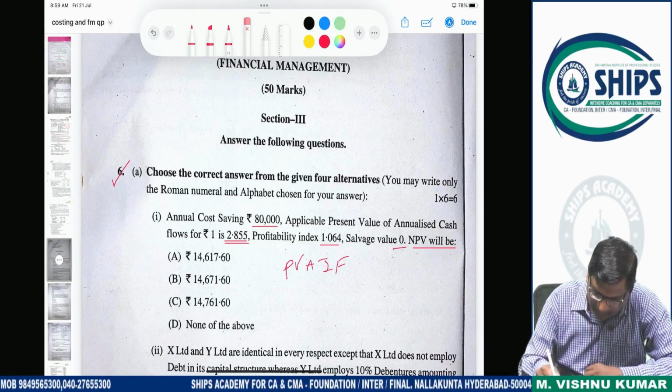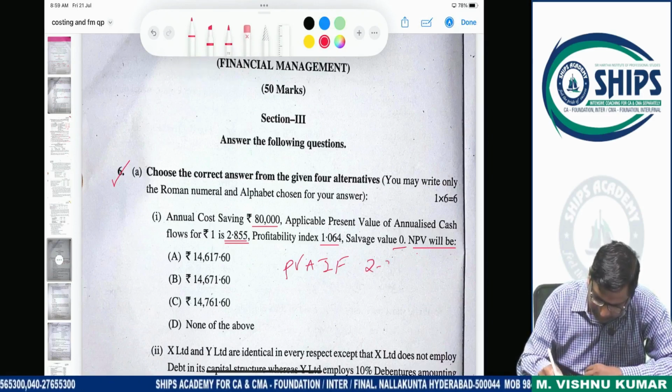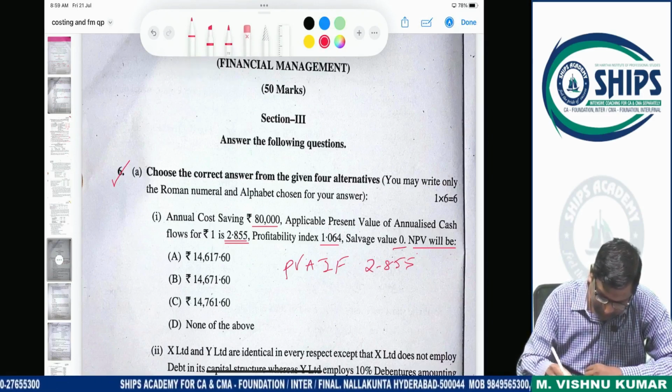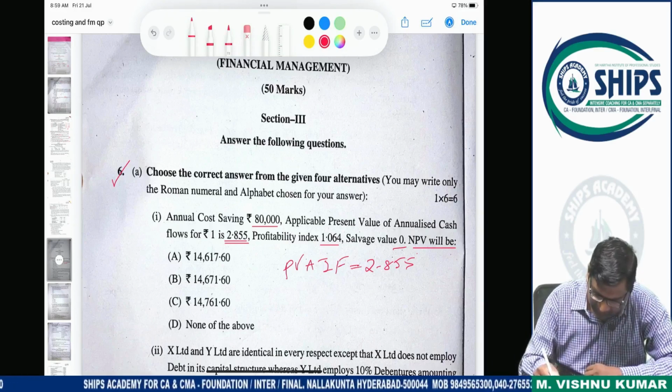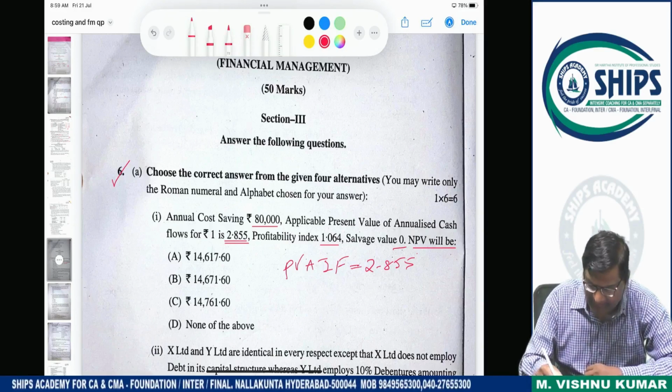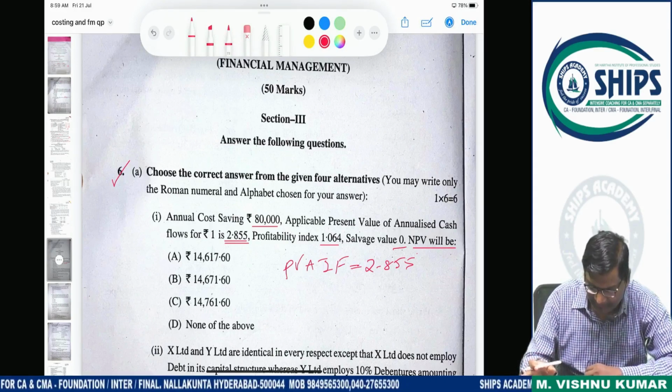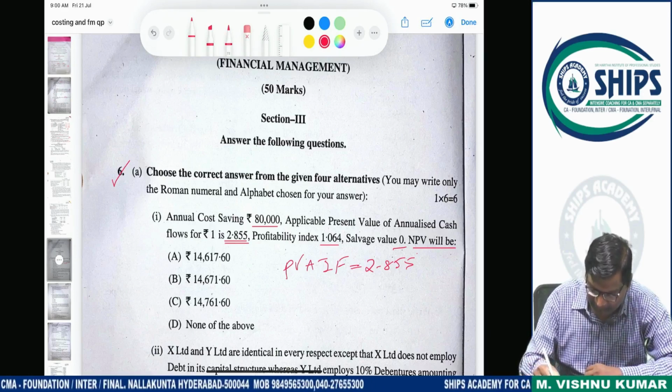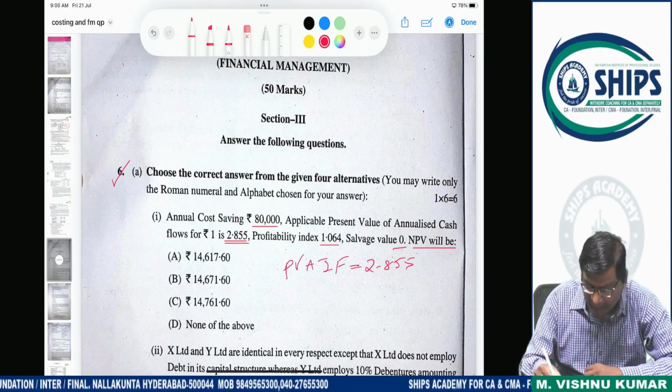The percentage is not very important here. This is an annuity value, that's it.